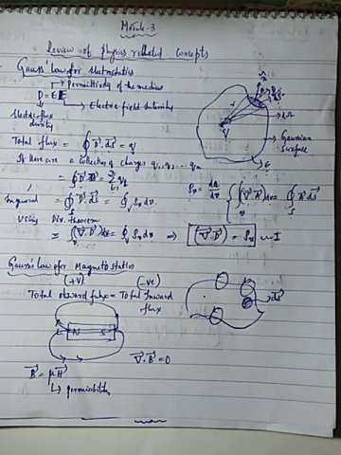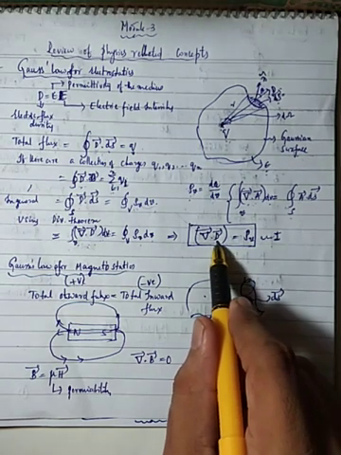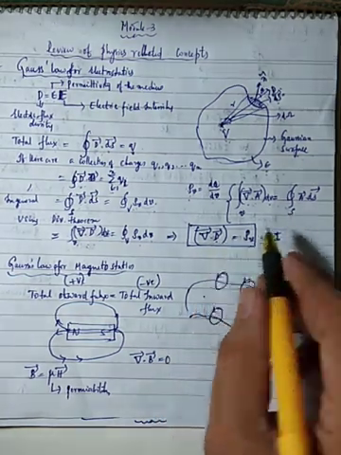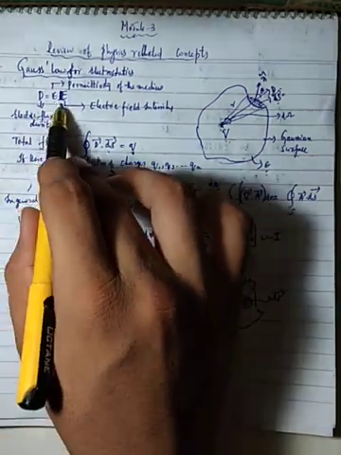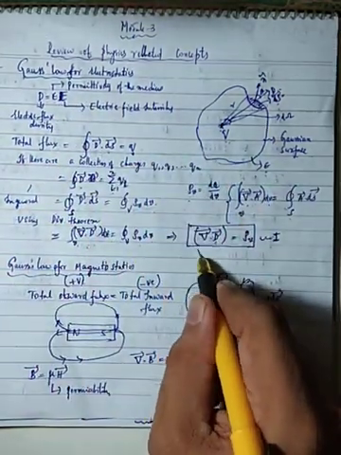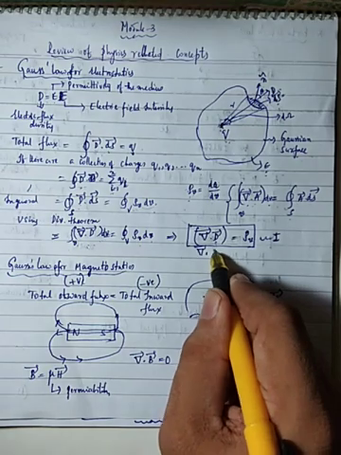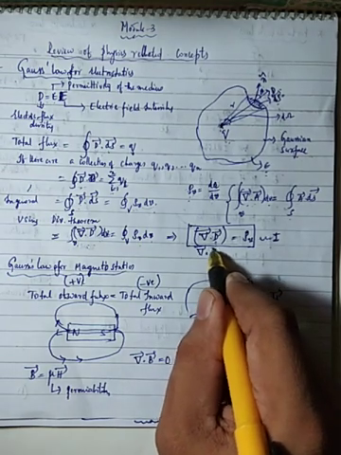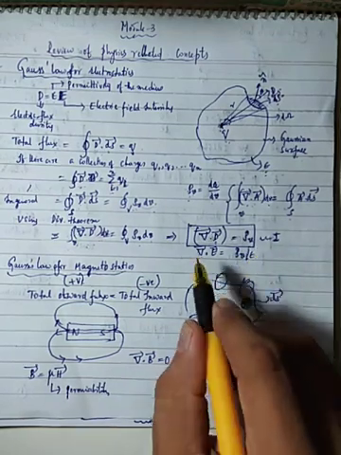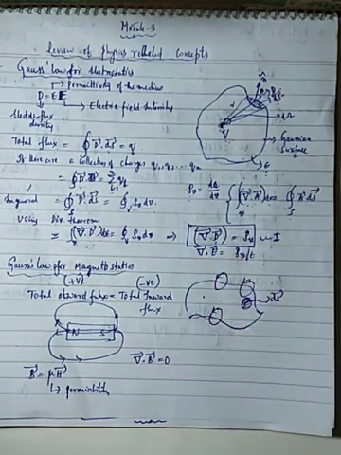The physical import of this is electric flux density. Remember the relation between D and epsilon: D is equal to epsilon E. If I want to write it in terms of E, then this is del dot E is equal to rho v divided by epsilon. This is the alternate form. What does it say?